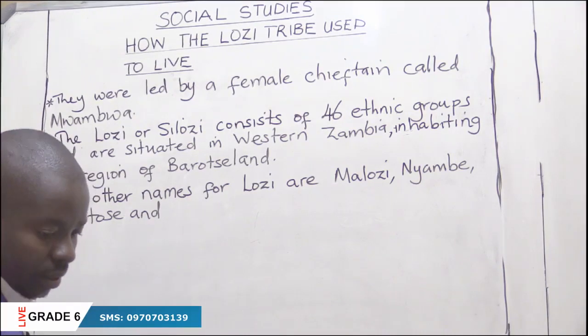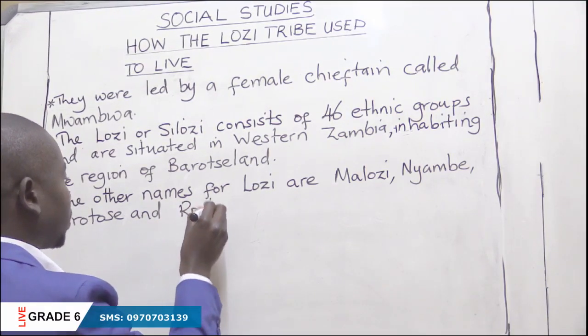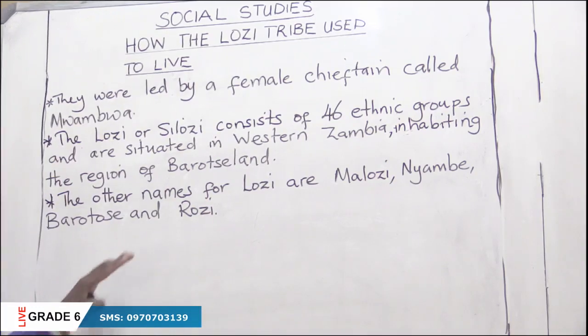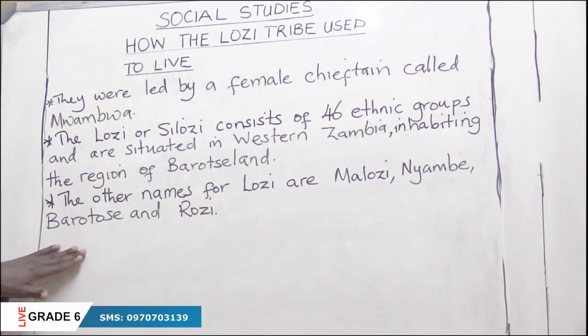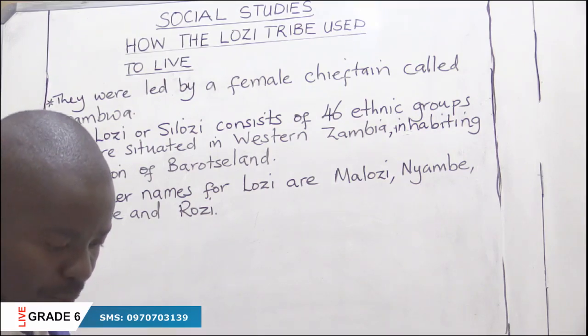So the other names for Lozi are Malozi, Nyambe, Barotose, and Rosi. Those are the other names for the Lozi people.